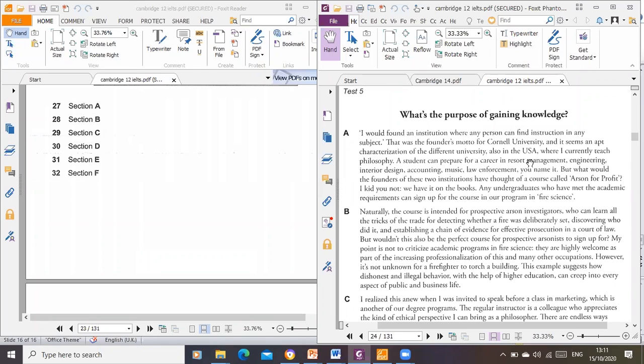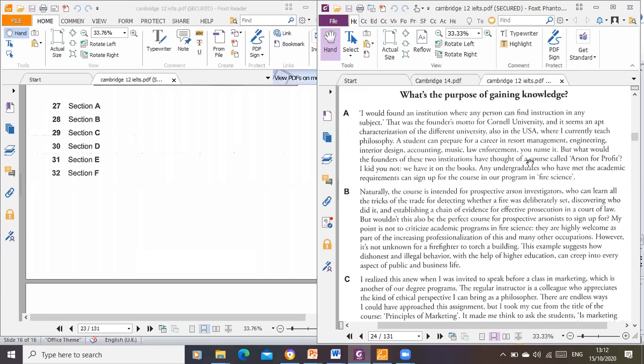Okay, so "I would find an institution where any person can find instruction in any subject." That was the founder motto for Cornell University. Okay, so that's talking about the motto. "Any undergraduate who has met the academic requirement can sign up for the course in our program in fire science." That seems to me as though they're talking about the motto behind such a university.